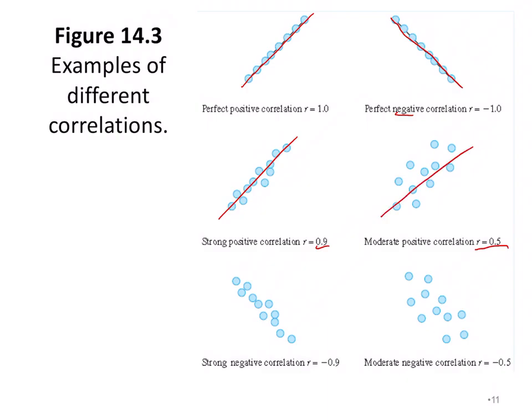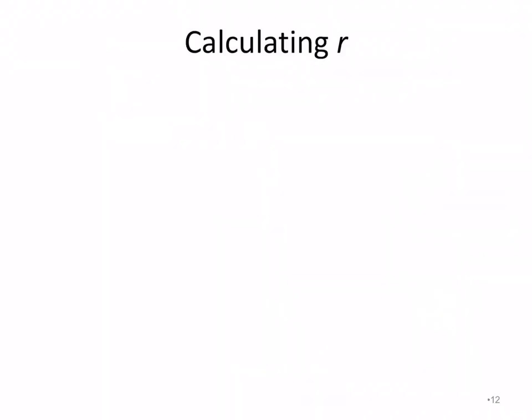So you can see as they get more scattered, your line is not as straight upward or downward. This one goes down and this one's going down. So this is where we look at the association. If the line is going upward, it's positive. If it's going downward, it's negative. And how close all the points are to each other is testing the correlation to the line that we're looking at.